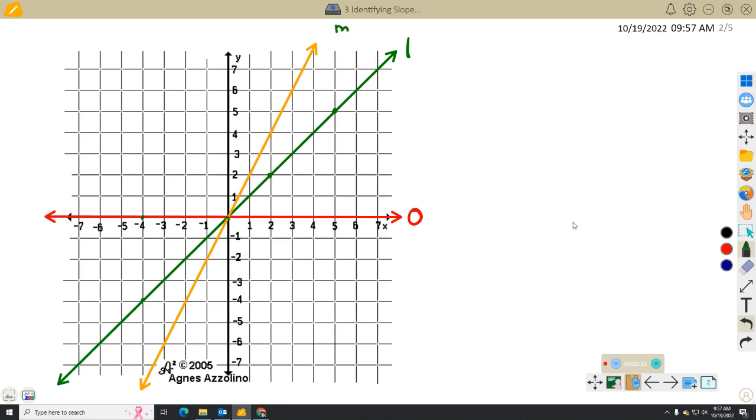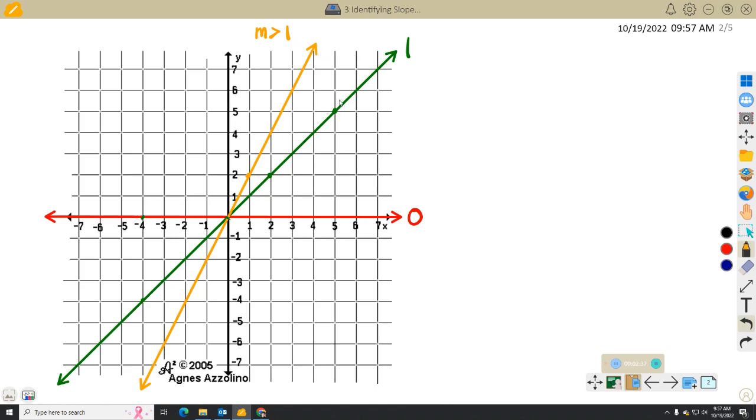Up here, the slopes are greater than 1. In this case, this has a slope of 2, right? Y increases by 2 as x increases by 1. This has a slope of 2.